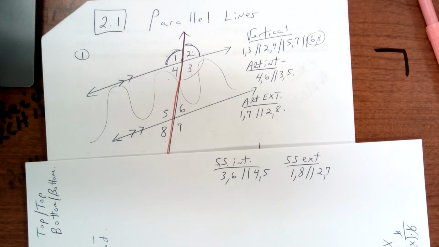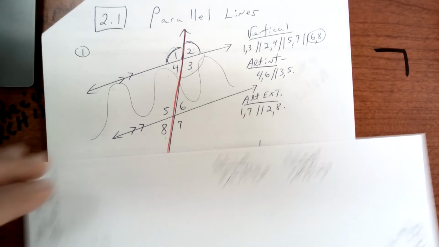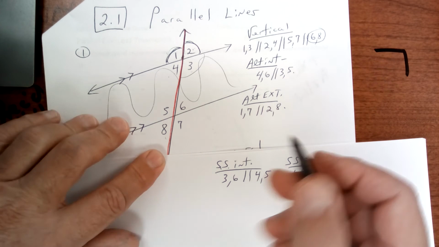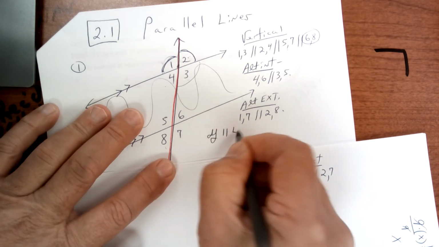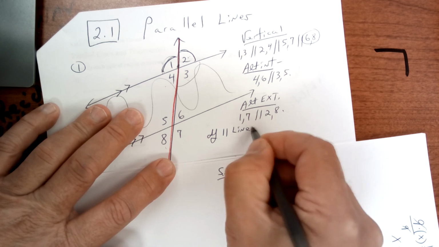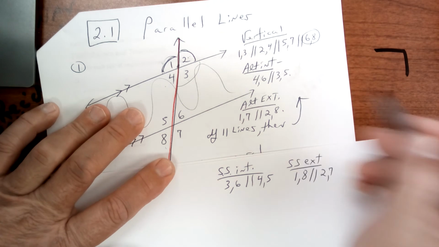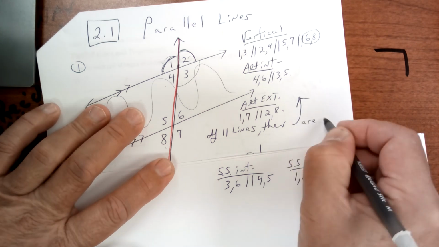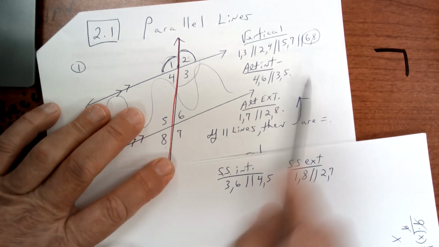Now, here's the catcher right here. All right. All of these angles here are all equal if the lines are parallel. So put if parallel lines, then, see this is a conditional, then all of those are equal to each other. In other words, 4 is equal to 6. 3 is equal to 5.